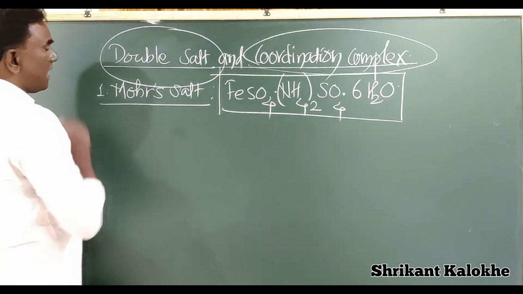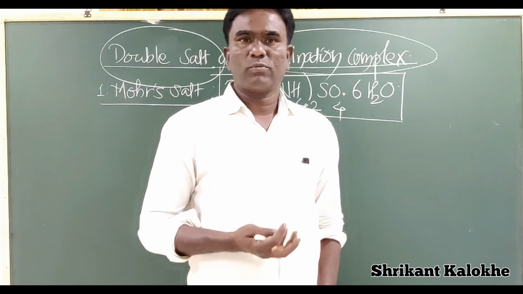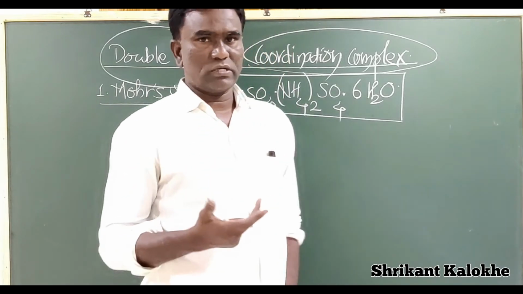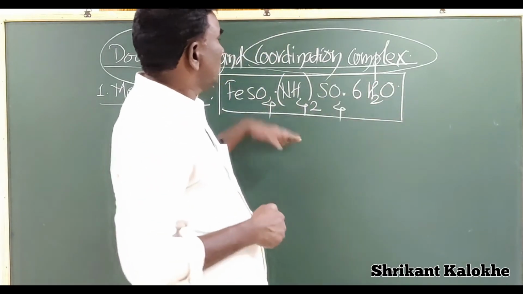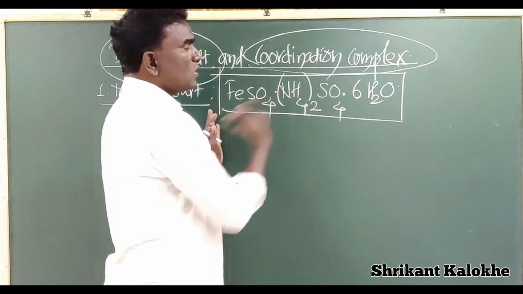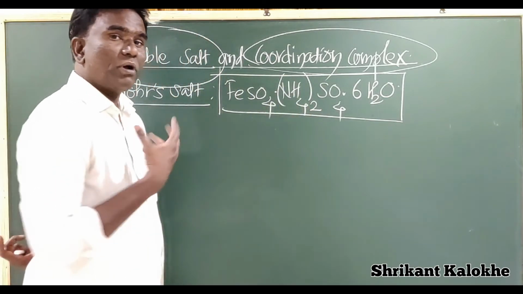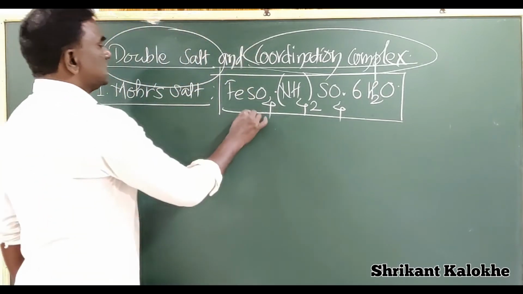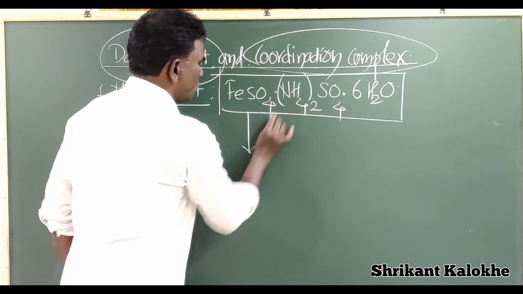And now we have to identify whether this formula is showing coordination complex or double salt. Because it is having a big formula like a coordination complex, and it also looks like an equimolar mixture of two salts, for example ferrous sulfate and ammonium sulfate. But to understand whether it is double salt or coordination complex, we will simply dissolve it or dissociate it into water.